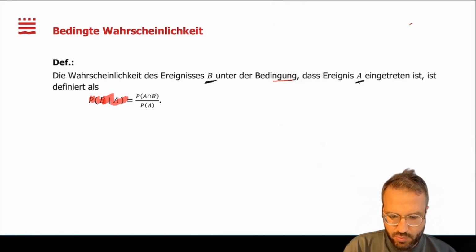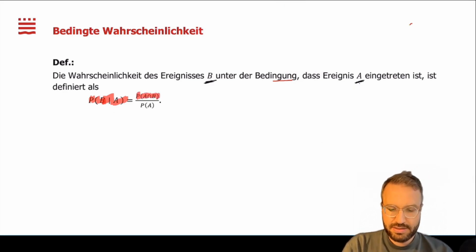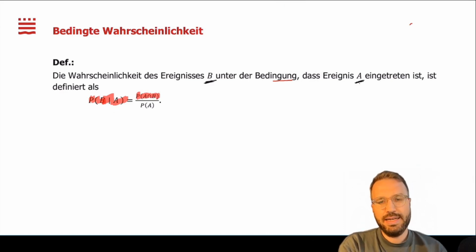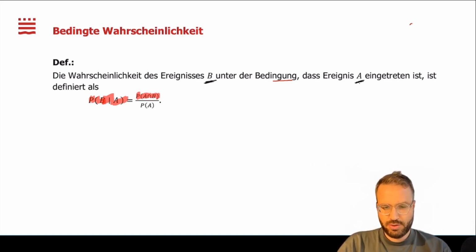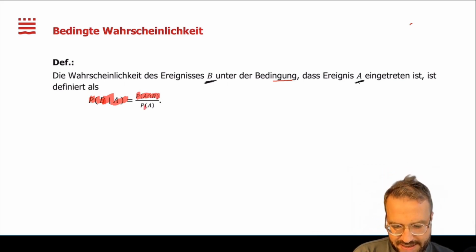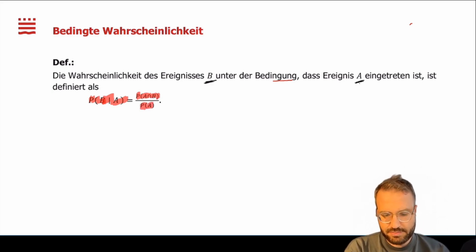We can take a look at why this formula makes sense. We determine the probability of A and B, so we examine how likely it is that both A and B occur. Both must occur in this probability, only that we then normalize again, so to speak, with the probability of A, meaning we divide by P(A).